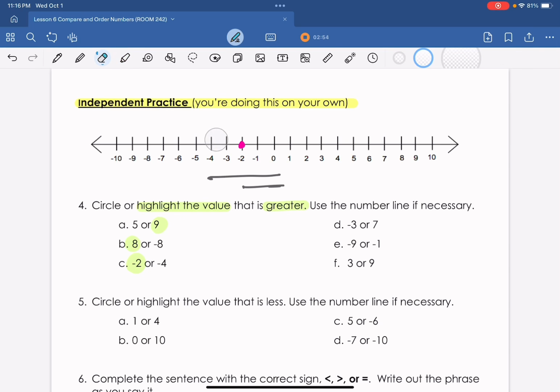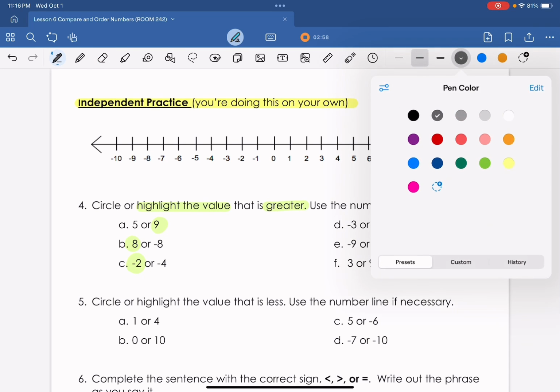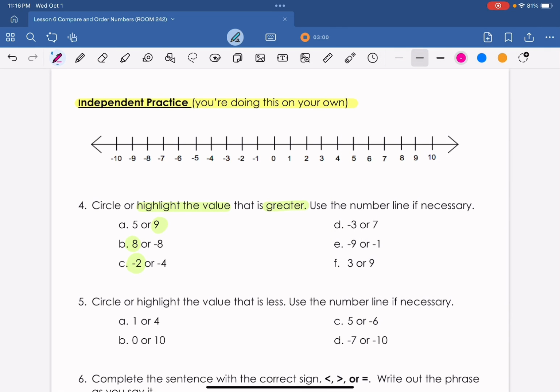All right. We have -3, which is 3 units to the left, and we have 7, which is 7 units to the right. Which one of those numbers is further to the right? Yep, it is 7. So 7 is greater than -3. All right, we have -9, which would be 9 units to the left.